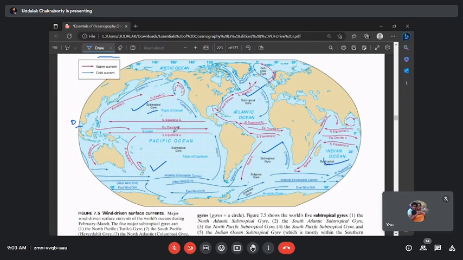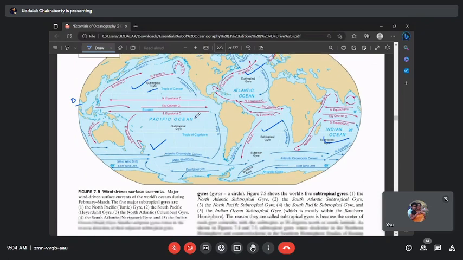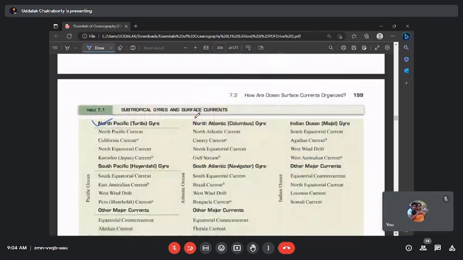The word gyre comes from the word gyros, which means circle. So these, the North Pacific gyre and South Pacific gyre, are major circulatory patterns, almost forming circles. That is why these are known as gyres.